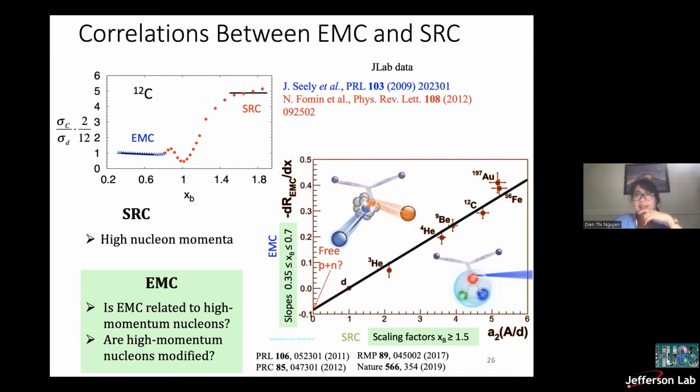You have a question? I just had a question. When you were showing the picture, you were getting the slope of the EMC effect between x of 0.35 and 0.7. But why were all of them being fit to a straight line?